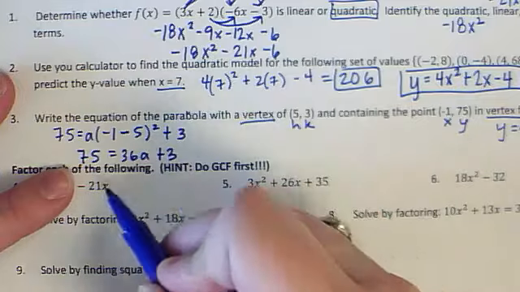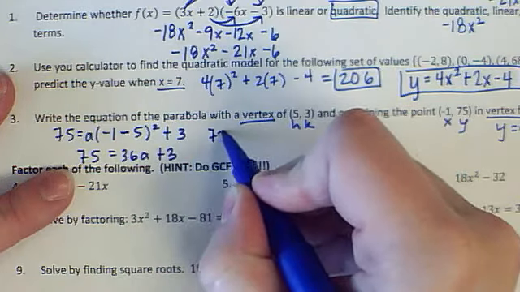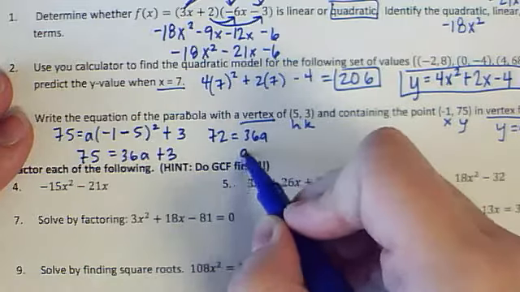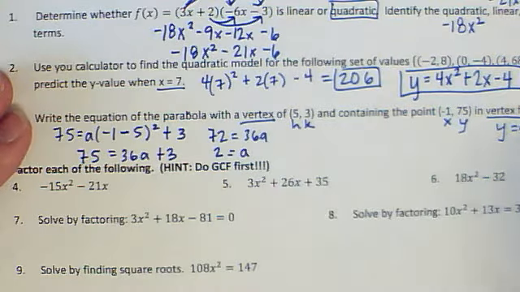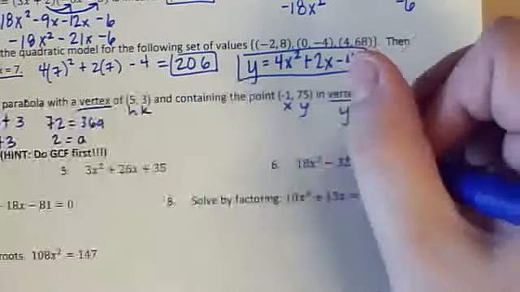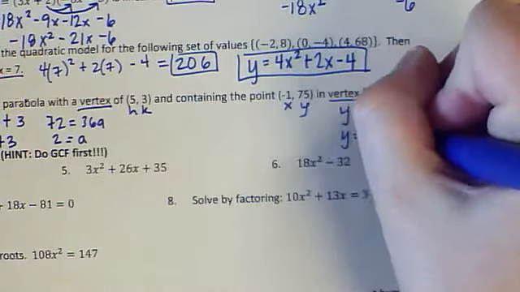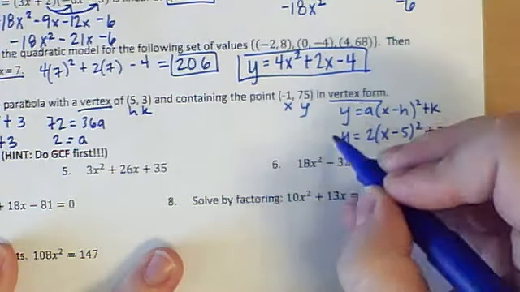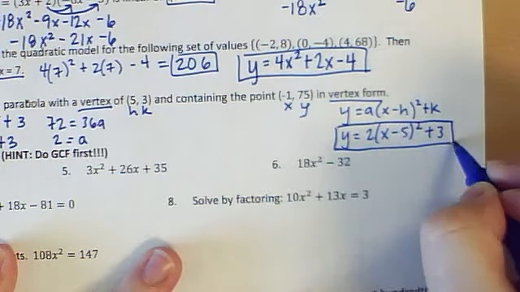Okay, solve for a, I subtract 3, so I get 72 equals 36a. Divide by 36, so a is 2. So now if I plug it all back in this form, I'm going to have y equals 2 times (x minus 5) squared plus 3. There's your vertex form.